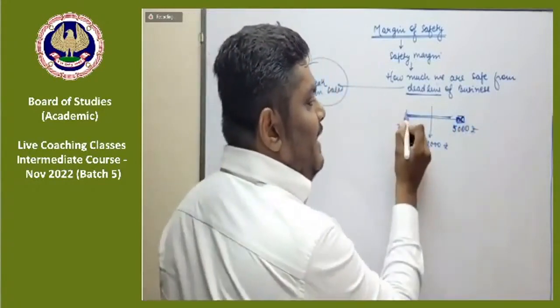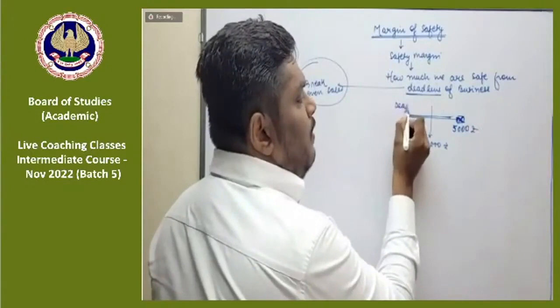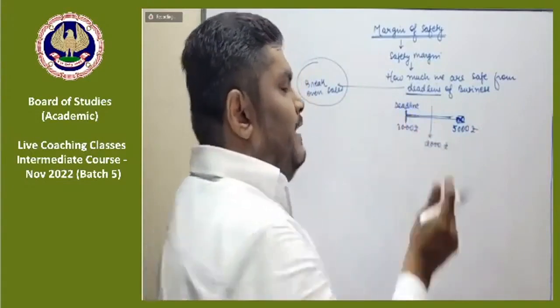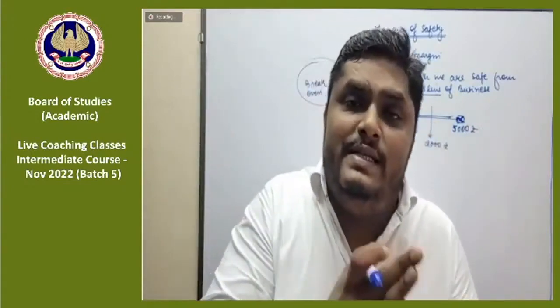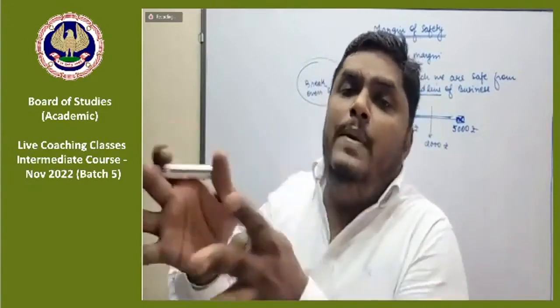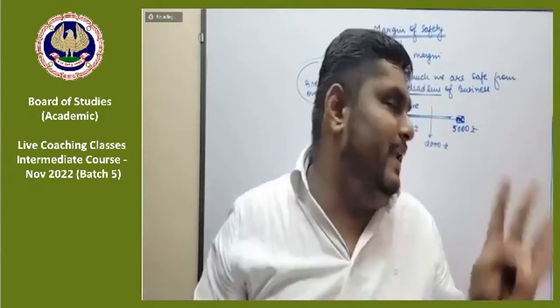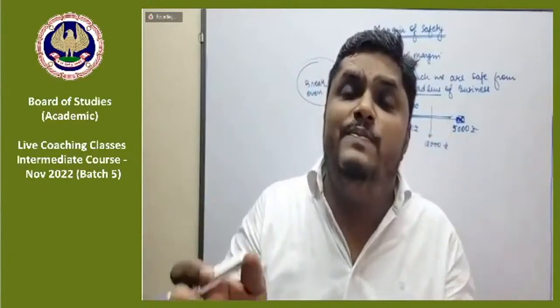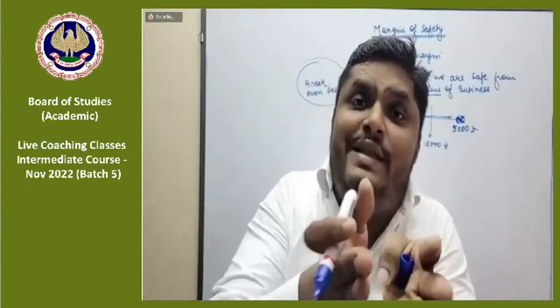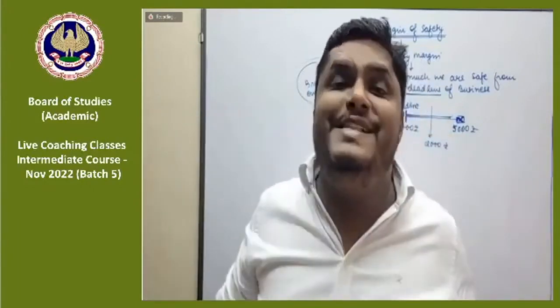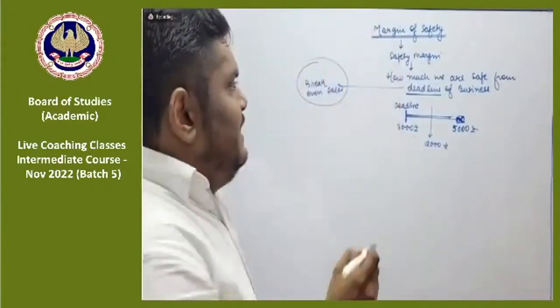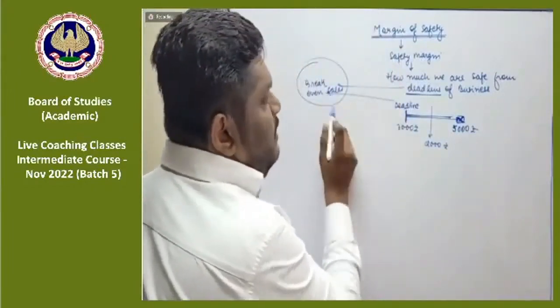This is my deadline, that is, it means I cannot go below 3,000 sales. If my sales is less than 3,000, I will suffer loss. So this 3,000 deadline is my break-even sales.